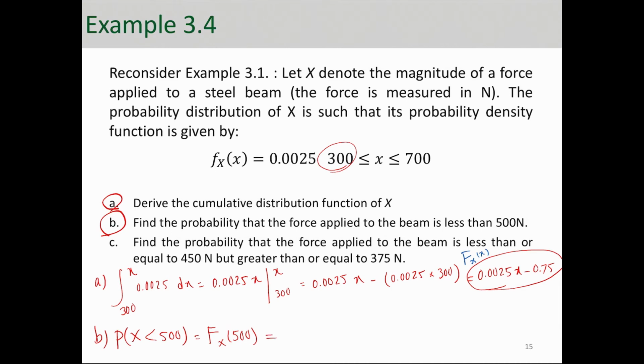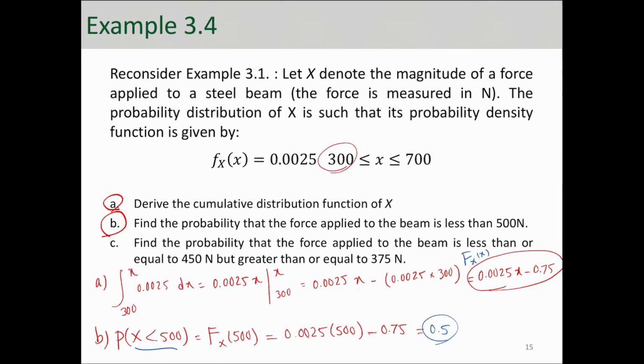That would be 0.0025 times 500 minus 0.75, which is equal to 0.5, or 50%. That's the probability that the force applied is less than 500 Newtons, about a 50% chance.